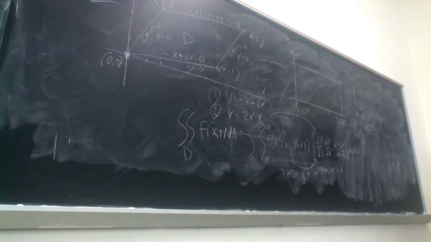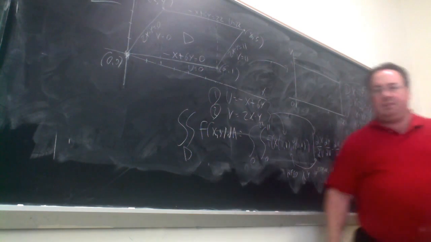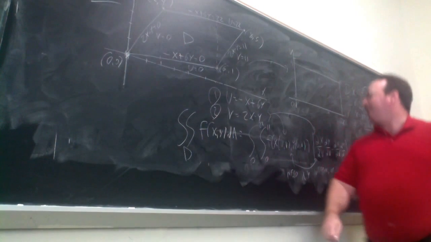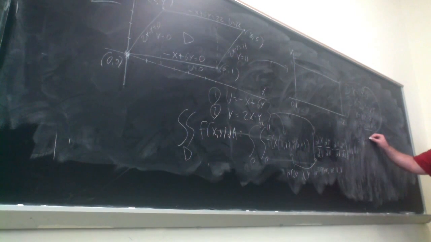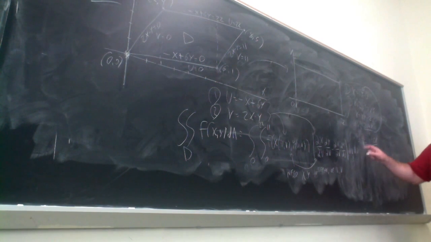And then what I can do is take this and plug that back in up here and isolate x. So x turns out to be, oh man, I also have time, dang. Okay. u plus 6v over 11. So now I can take that, 0 to 22, 0 to 11, and plug that into my f.